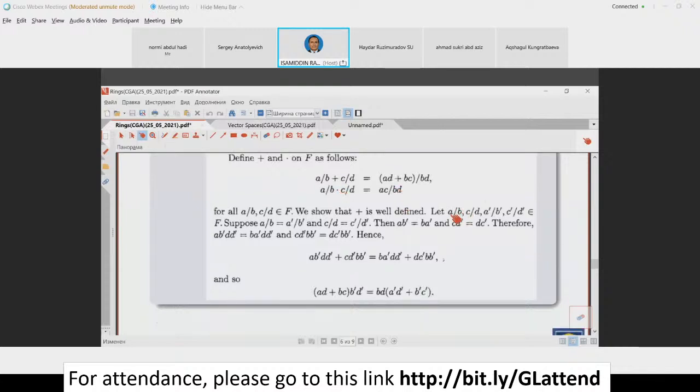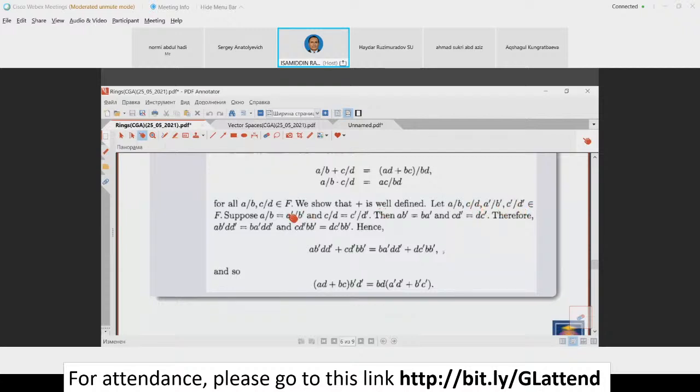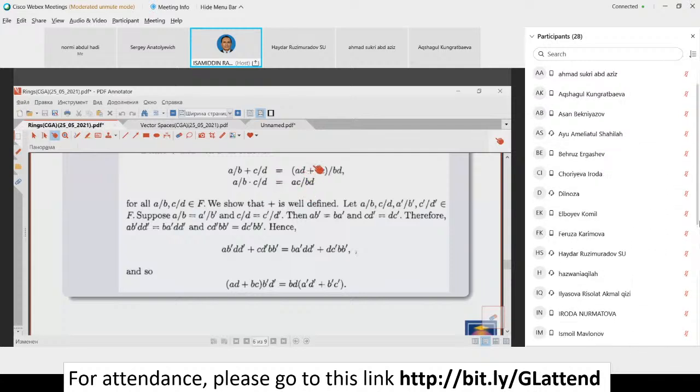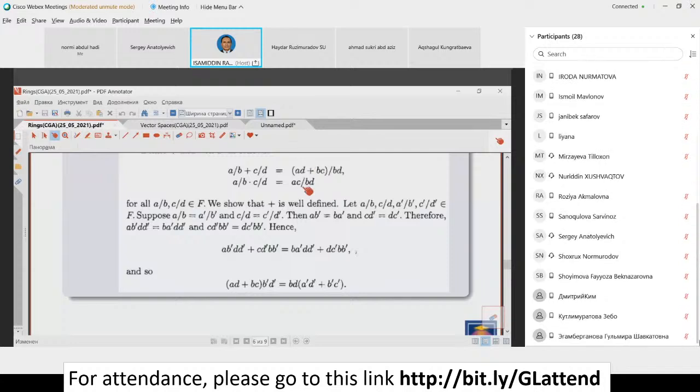You can take other representatives: A over B equals A prime over B prime, and C over D equals C prime over D prime, which is given here. Then adding and multiplying them, you should get classes which are the same as the right-hand side.